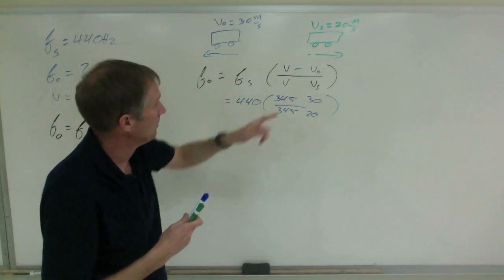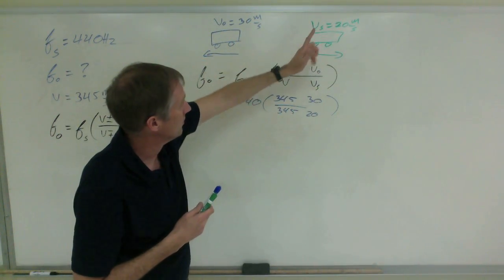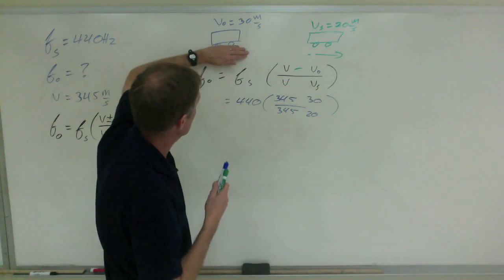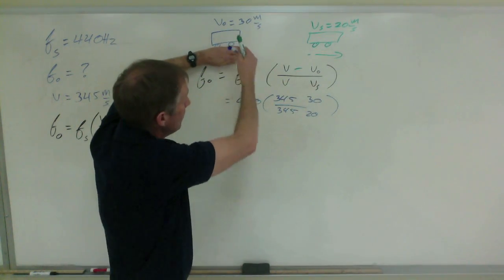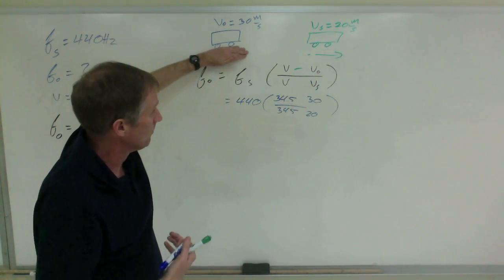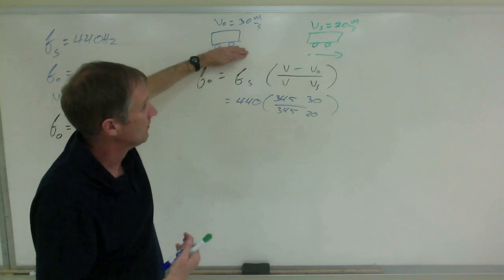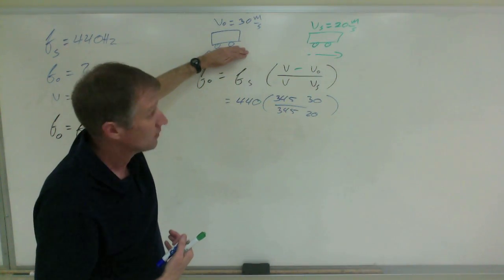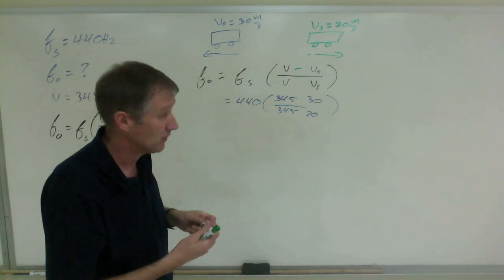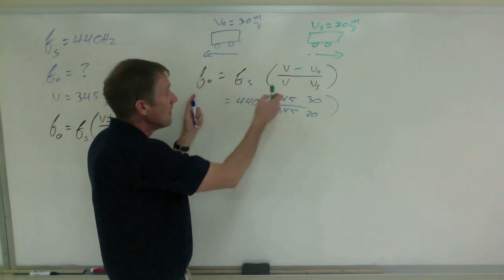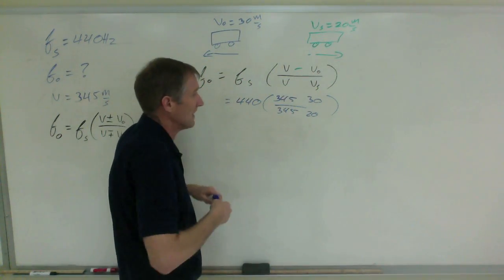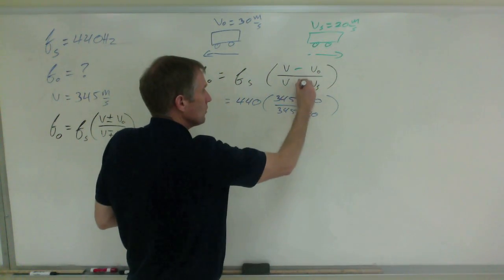Now do the exact same thing over here. This source is moving in the opposite direction, going away from this observer. And when a source goes away from an observer, that in and of itself leads to a lower pitch. So both of these contribute to a lower pitch. How do I make this pitch lower in the denominator? Make the denominator bigger. Counterintuitive.